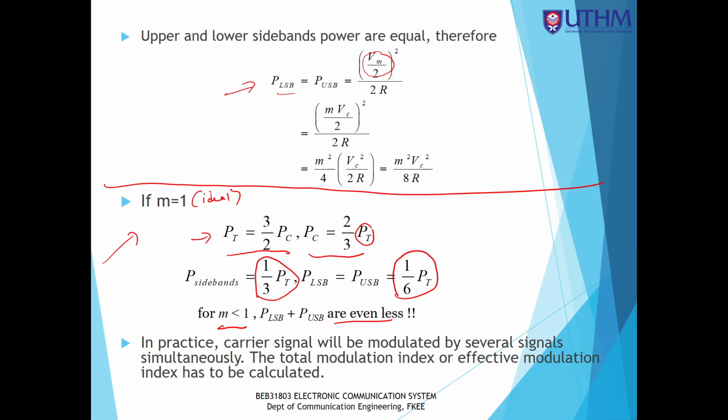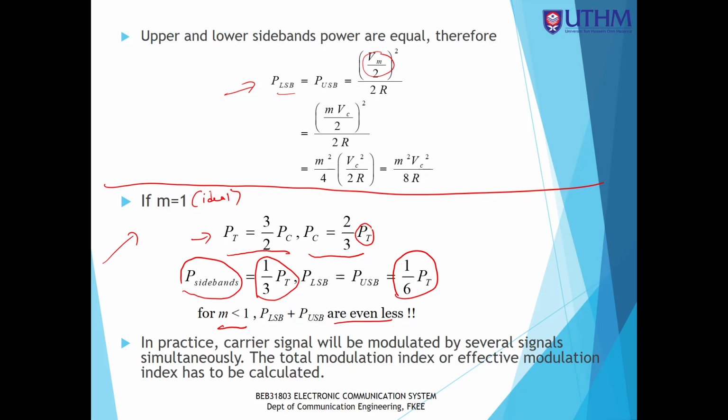And remember, class, ideally we want the sideband power to be as high as possible. Why? Because the sidebands contain information. We need higher power for the sidebands. The higher would be better.